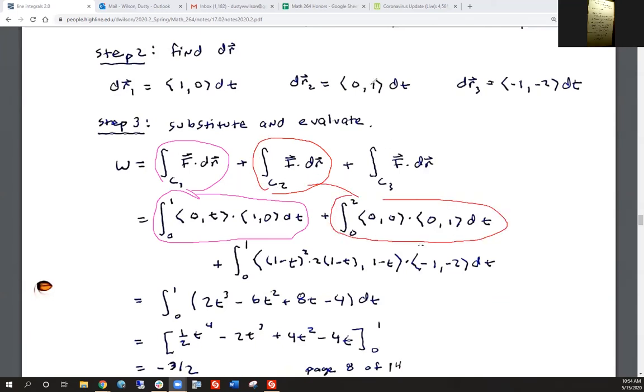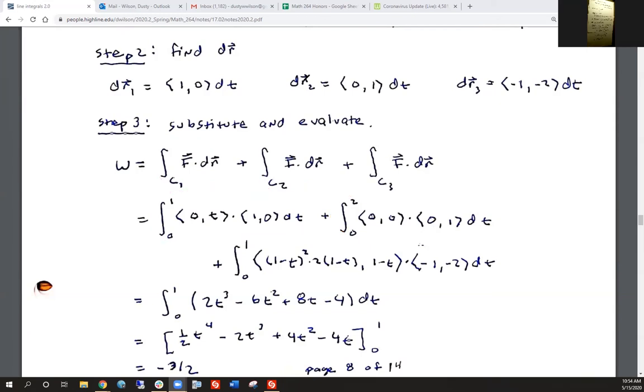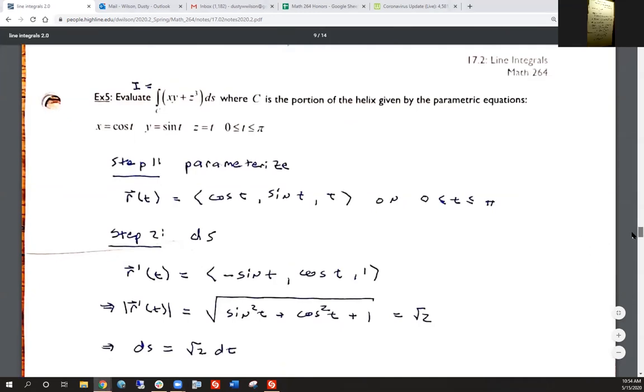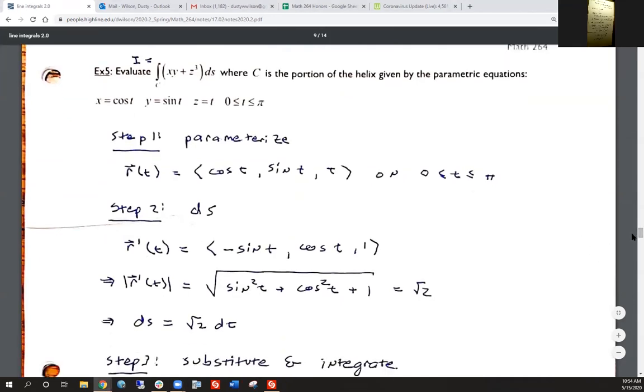And then could I see example 5 real fast? Yeah, sure. If you have the question, other people probably do as well. So we found r prime of t and then the magnitude of it.